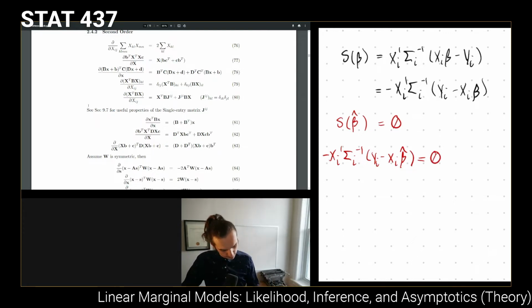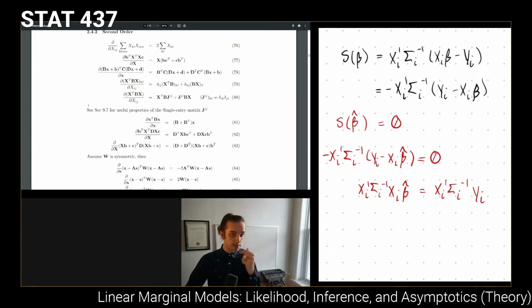And so we multiply through this matrix and rearrange the equation, and we end up with Xi transpose sigma i inverse Xi beta hat equal to Xi transpose sigma i inverse yi.